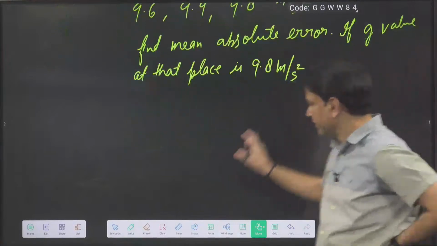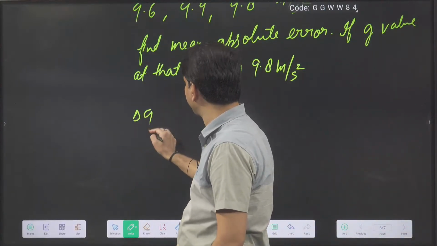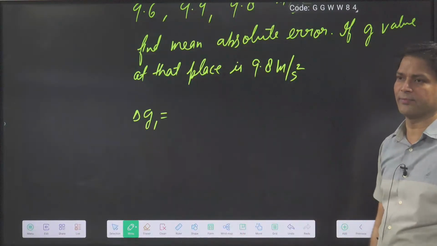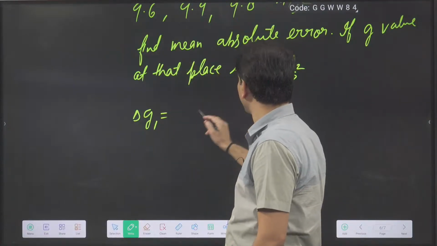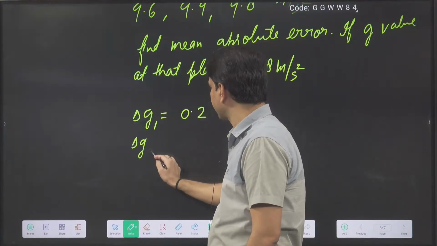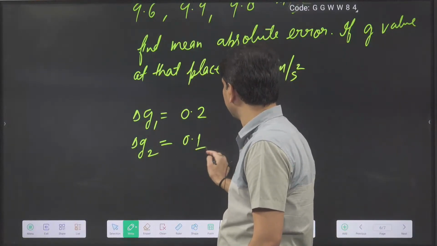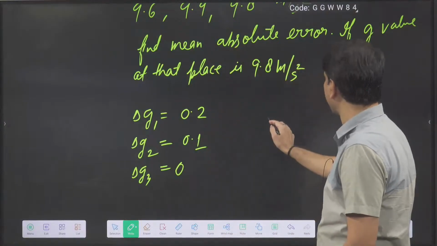Here, if I am saying the absolute error in the first measurement, delta G1, I have to write the magnitude. So 9.6 and 9.8 difference, what will you get? 0.2. Delta G2, what can I write? 9.8 minus 9.9, that is equal to 0.1. And delta G3 is 0. Then what is the mean absolute error?